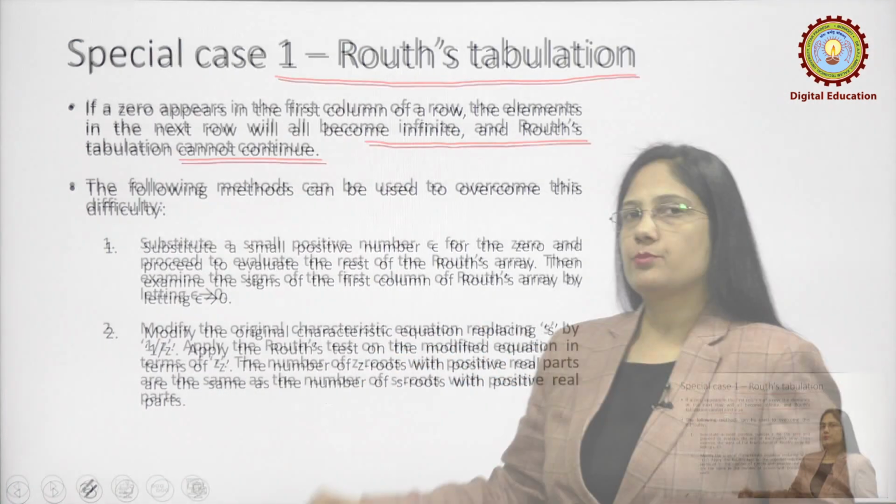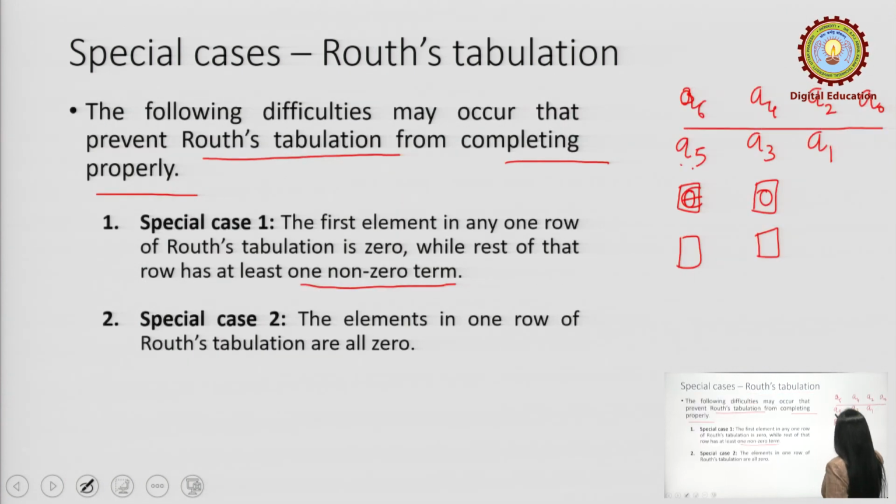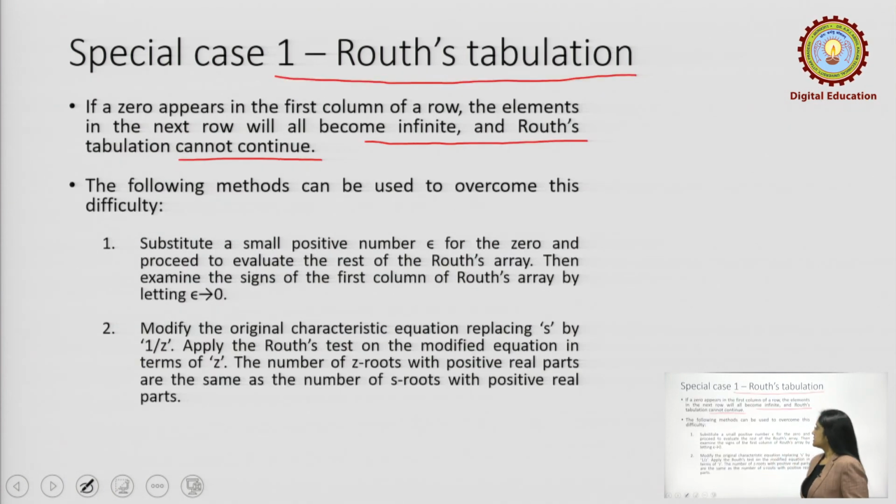The second way to obtain the solution is to modify the original characteristic equation. Now, this tabulation is obtained from the original characteristic equation in the S domain. The second way is we can modify the original characteristic equation by replacing S by 1/Z.